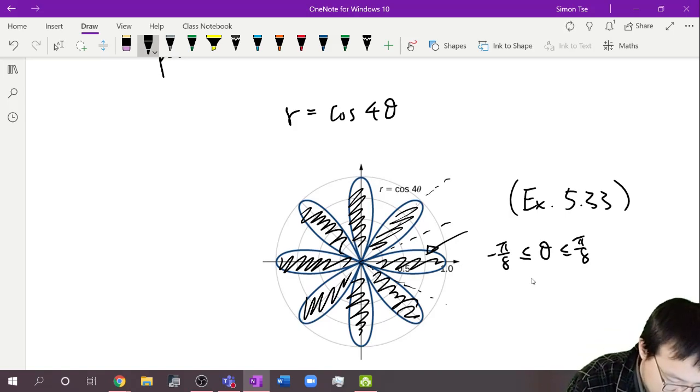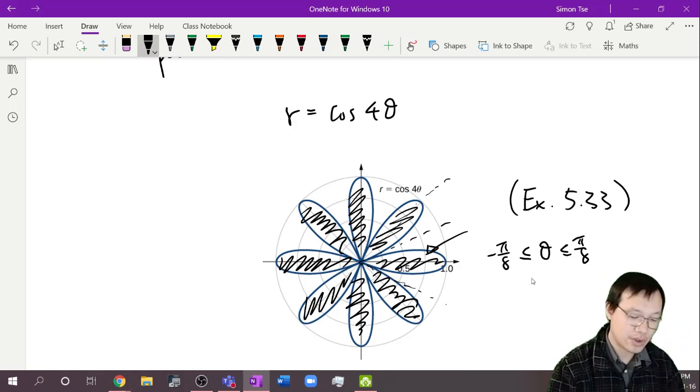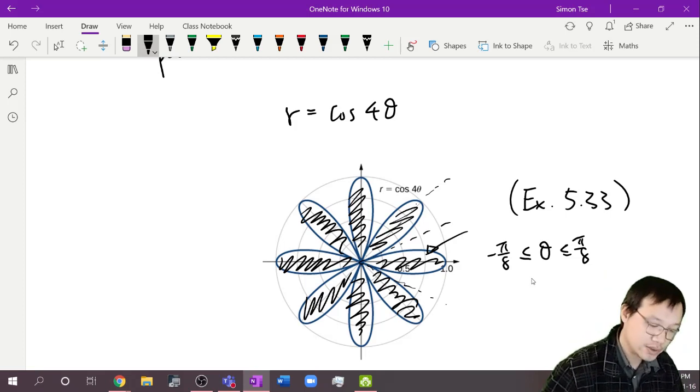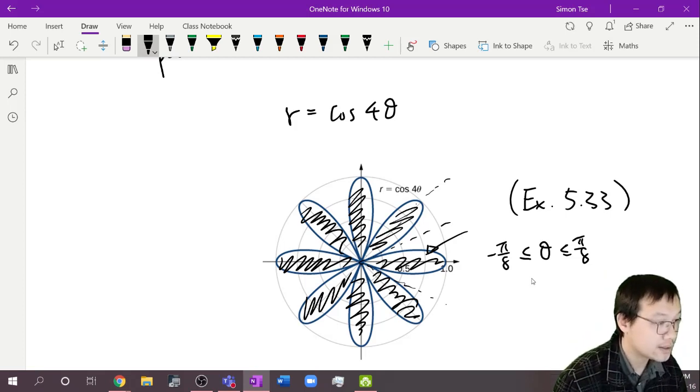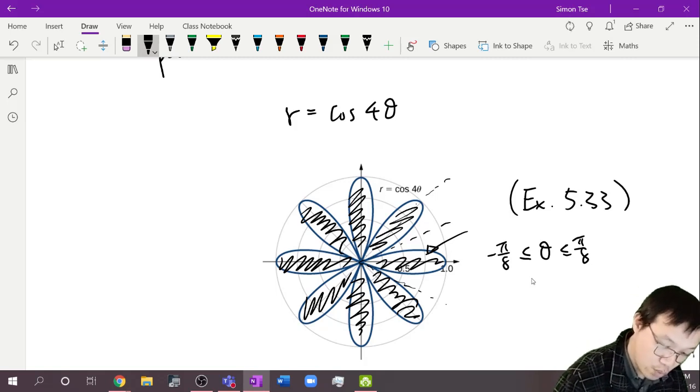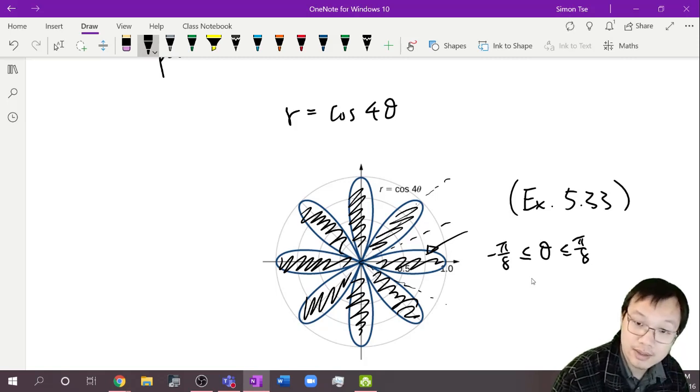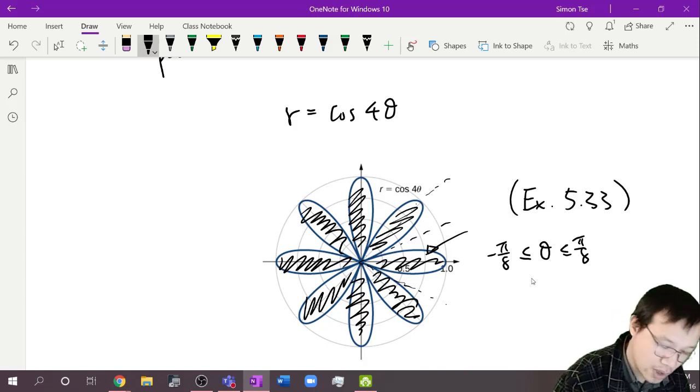Pi over 4 is here. Okay, so let's go back to the polar curve sketching. So this is a range of theta, and correspondingly, your r, of course, to measure your area, you want the points that are inside the petal. And to get the points inside the petal, your r should be greater than zero and less than the boundary, which would be cosine 4 theta.